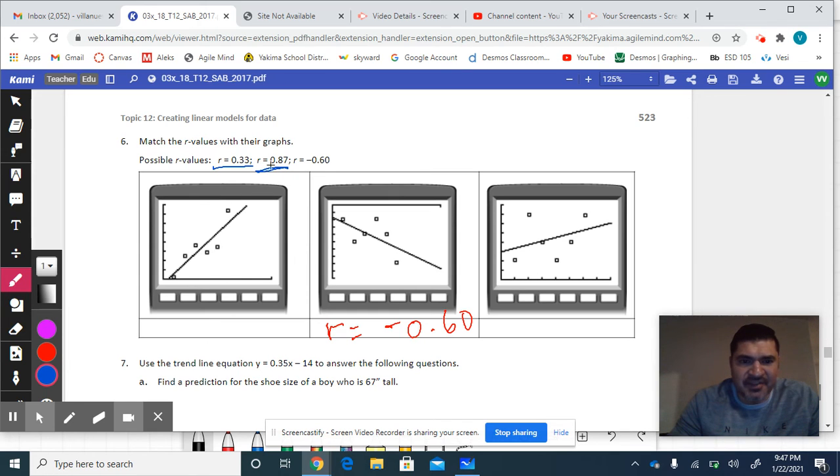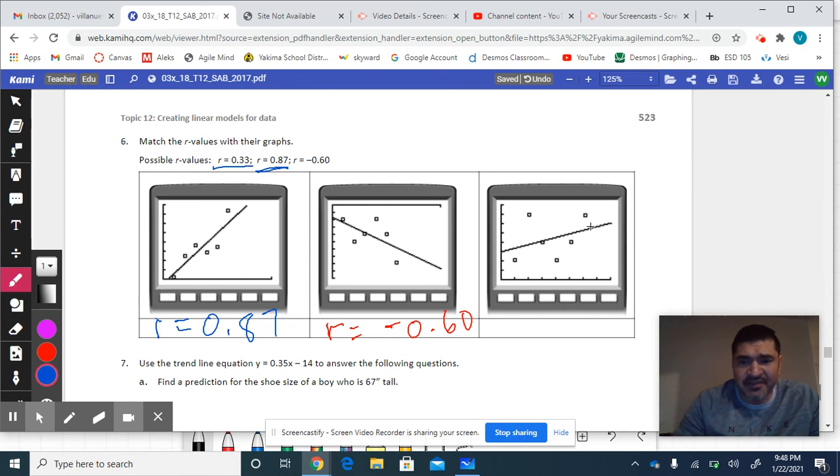So I would say because 0.87 is closer to 1 than 0.33, this R goes with this one. So R equals 0.87.